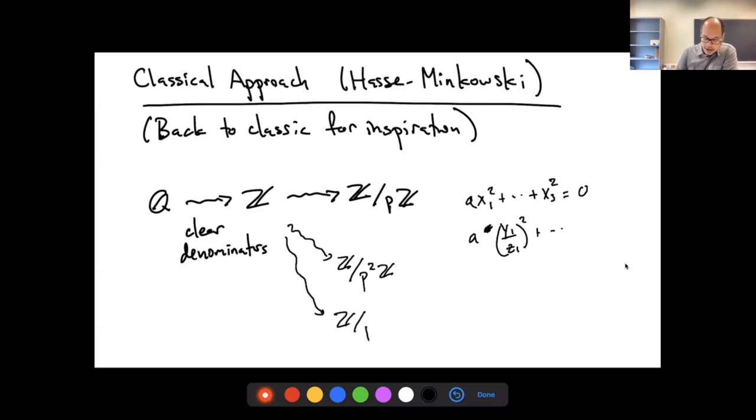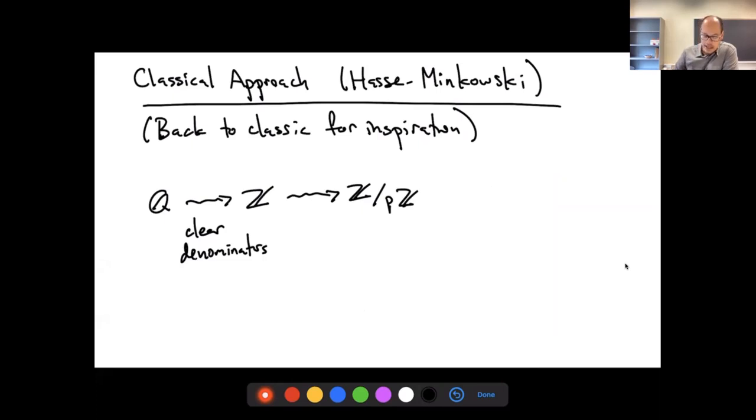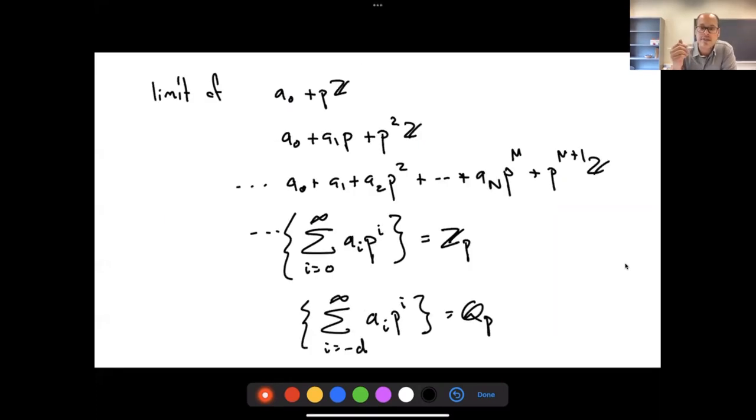You might look in Z mod p cubed Z. If you try to get more and more precise estimates on what your integral solutions are like, you start by saying, well, I know my solution is something plus some multiple of p. Then maybe it's something plus something else times p plus some multiple of p squared, etc. You continue this process further and further.